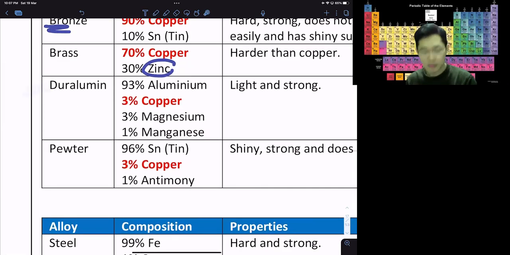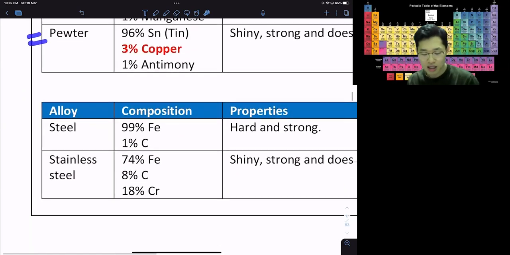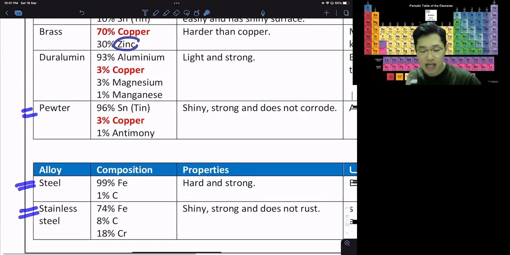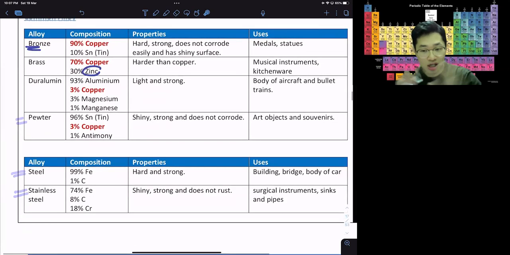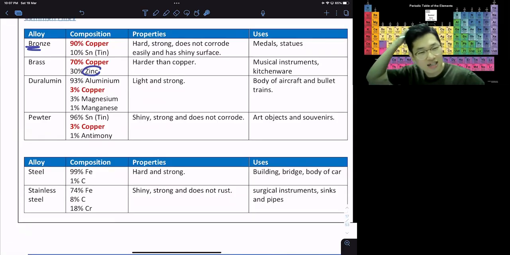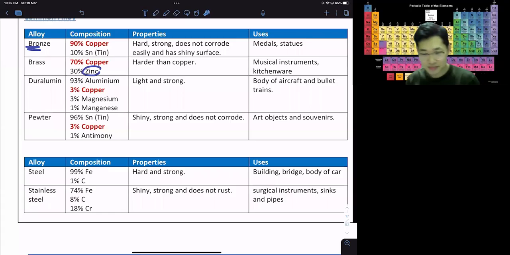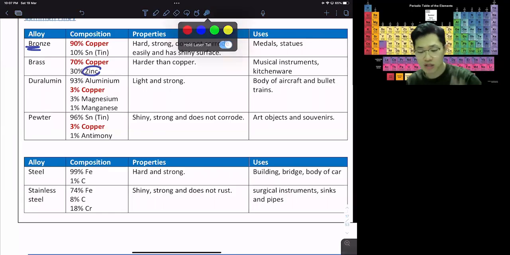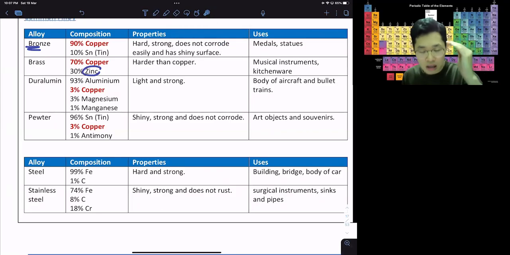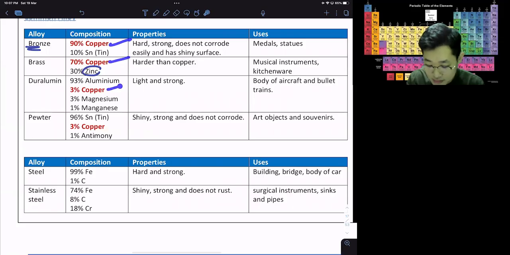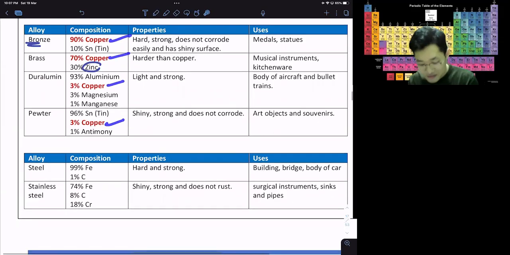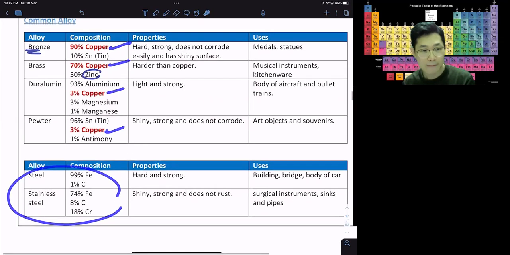Duralumin, pewter, steel, stainless steel, you see, actually there is not a shortcut, but there is a method. Percentage no need to know. All the alloys also have copper, except for steel and stainless steel.